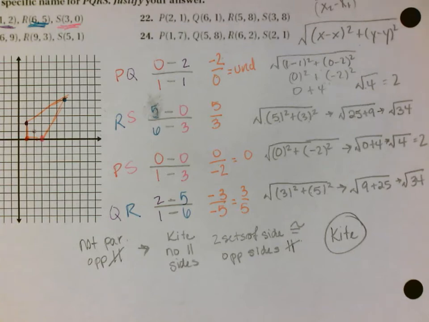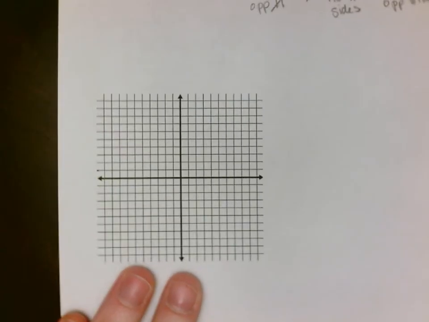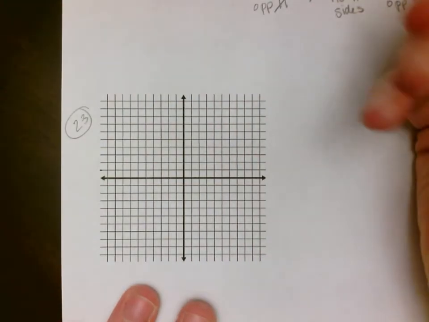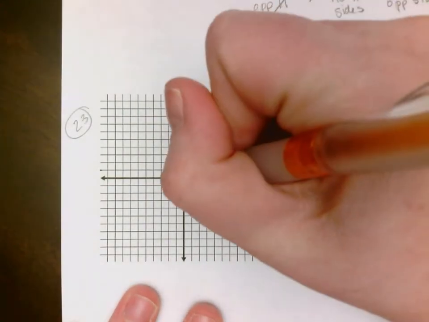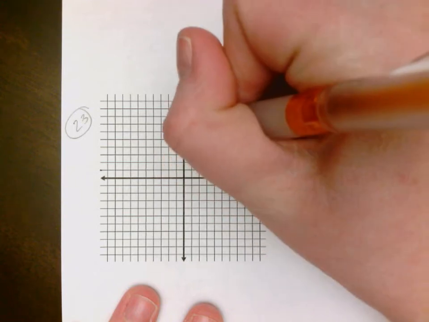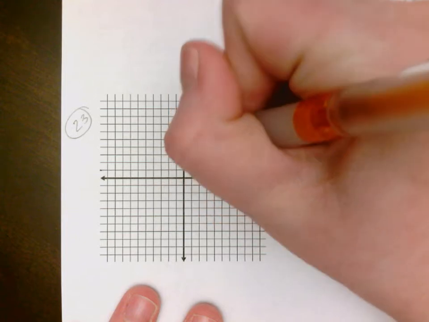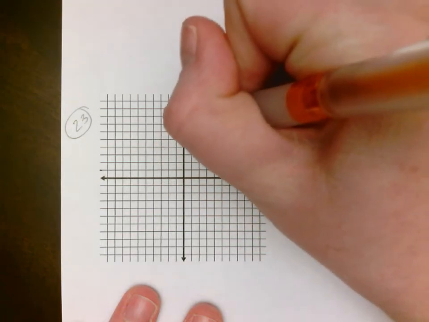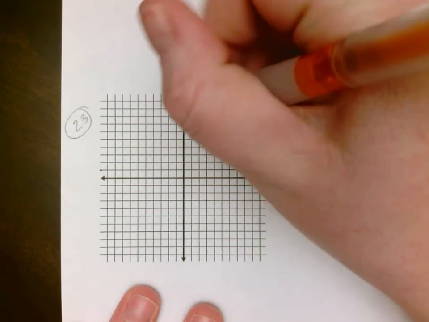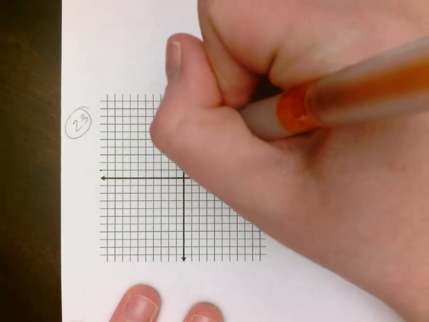So another one to do would be number 23, and I'm going to do this just based in pencil without color coding. So 23, I have P at 2, 7, so 2, 7.